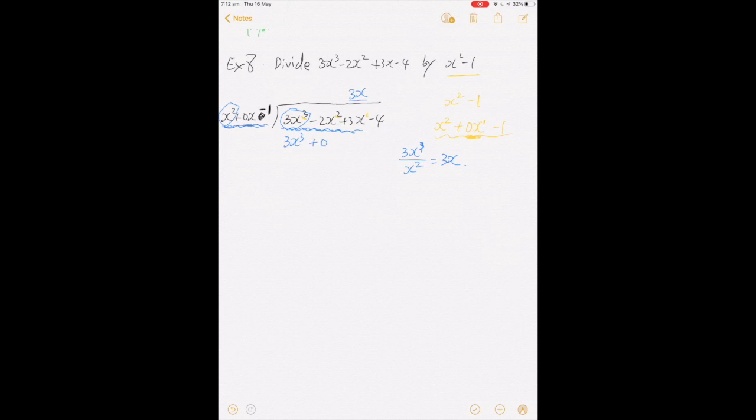And then minus 1 times 3x gives me negative 3x. Then do subtraction, and here we get negative 2x squared, and here you will get plus 6x. That's negative 3x subtracted. Then bring down one more, negative 4.